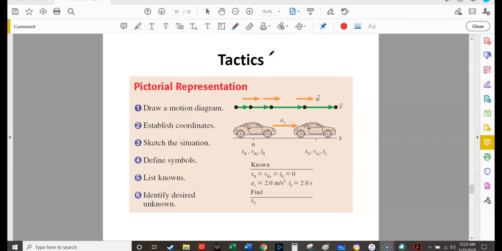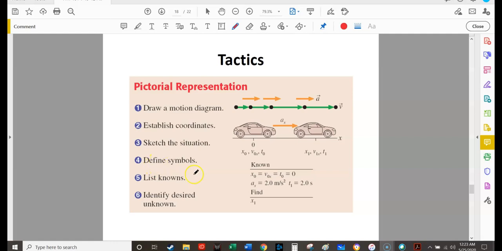So for everything that we've done, we're now going to apply a set of tactics. What we're going to do is try drawing a motion diagram to illustrate what we're looking at. When we do that, we'll give our displacement vectors and our acceleration vectors, and that means we're going to have to establish a coordinate system. It might help to sketch the situation.